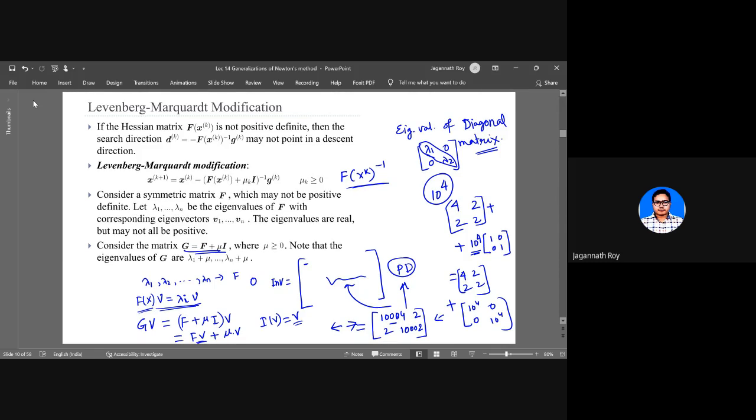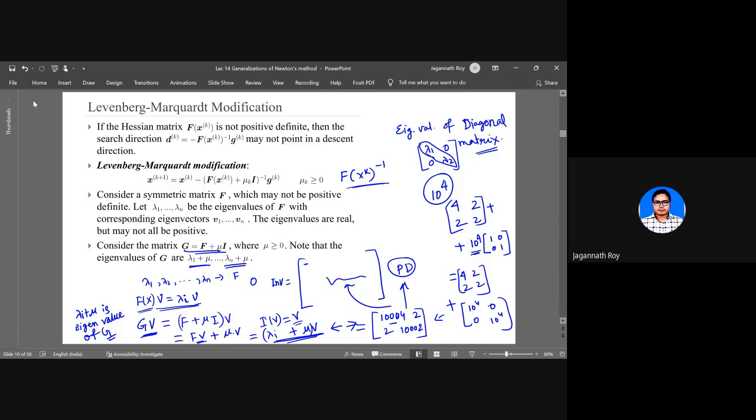For F v we can write lambda i into v plus mu v. If you take v outside, we get g v equals lambda i plus mu into v, which means lambda i plus mu is an eigenvalue of g. So that is what we have mentioned.